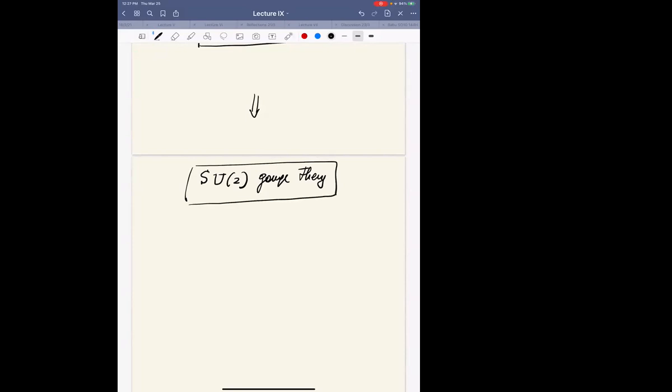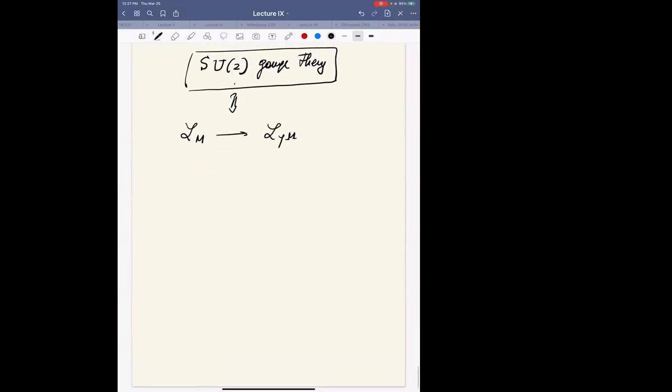Which is equivalent to going from the Maxwell Lagrangian into the Yang-Mills Lagrangian. So let's start with that.